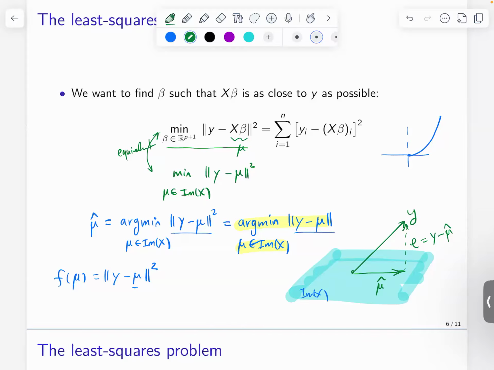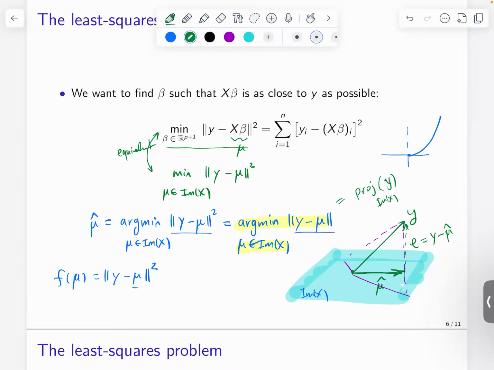If there was another vector here, the distance would be that. As I vary it, one is going to be the one that minimizes this distance, and that would be the projection.